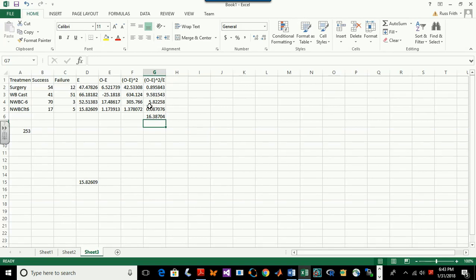Oh, okay. So how many did we do? We only did half the calculation. So I guess we do have to do the expected value for surgery. The chi-squared statistic will also have to incorporate the failures as well.